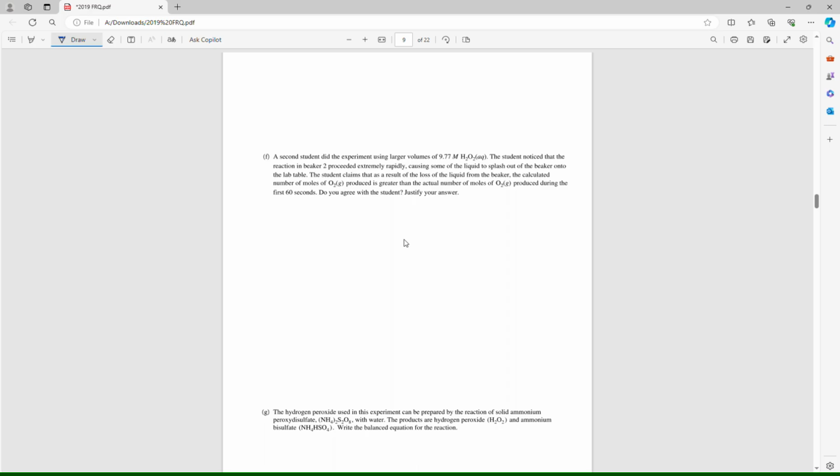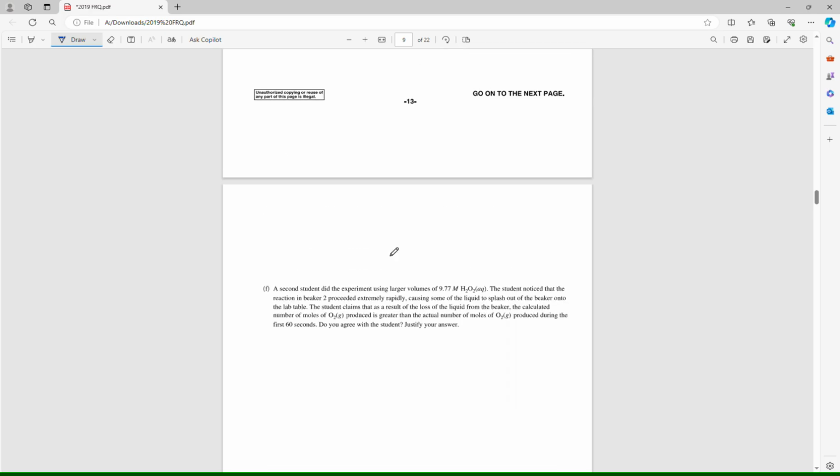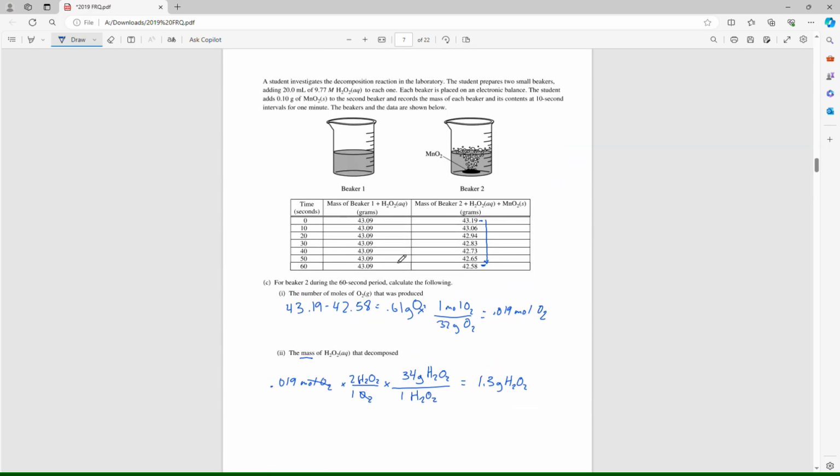All right, the student did the experiment using more of this stuff, but it splashed out. And the student says, because we lost some liquid, the calculated number of moles of O2 produced is greater. So since our O2 moles was dependent, let's go back.